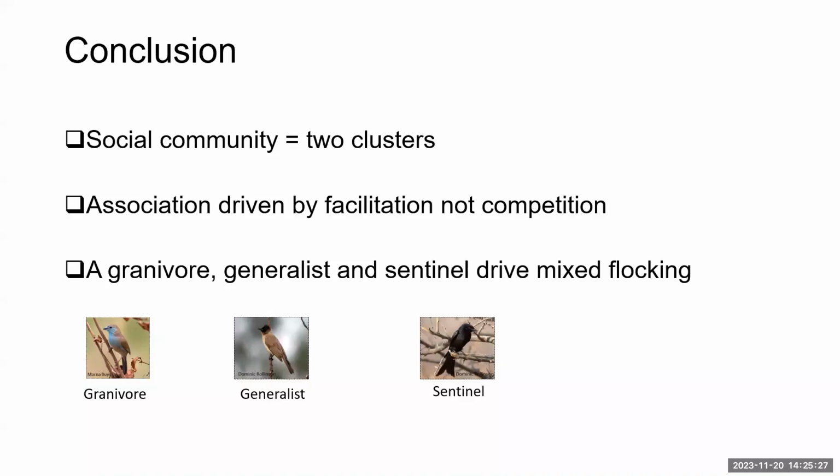For example, it was really cool to show that a carnivore is a really important nuclear species. I don't think that has been shown before, but also a generalist species seem to be an important nuclear species. Of course, the drongo was expected to have influence, and these three species here may be important in shaping bird associations in our savannas.